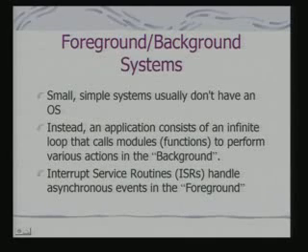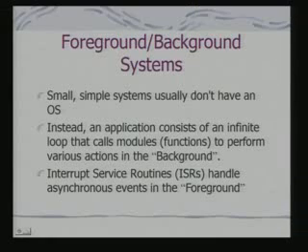But on the other hand, if we really have complex functionalities to support, then in that case we really need to have an OS. The basic model of these kinds of simple embedded systems software, management software, is basically referred to as foreground background systems.